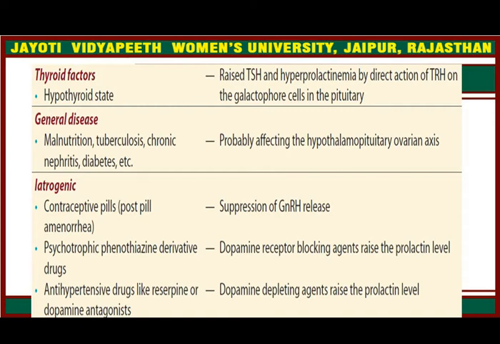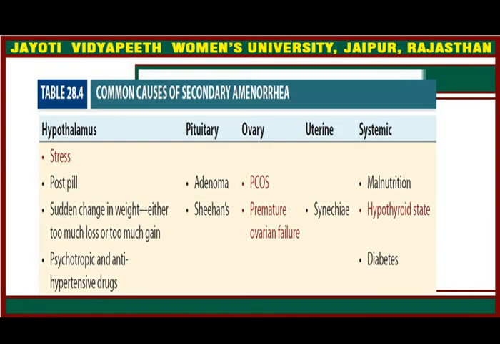Again, general diseases like malnutrition, tuberculosis, diabetes, chronic nephritis will disturb the HPO axis and lead to amenorrhea. Iatrogenic causes like contraceptive pills, psychotropic drugs, various antidepressant drugs, and antihypertensive drugs may lead to amenorrhea.